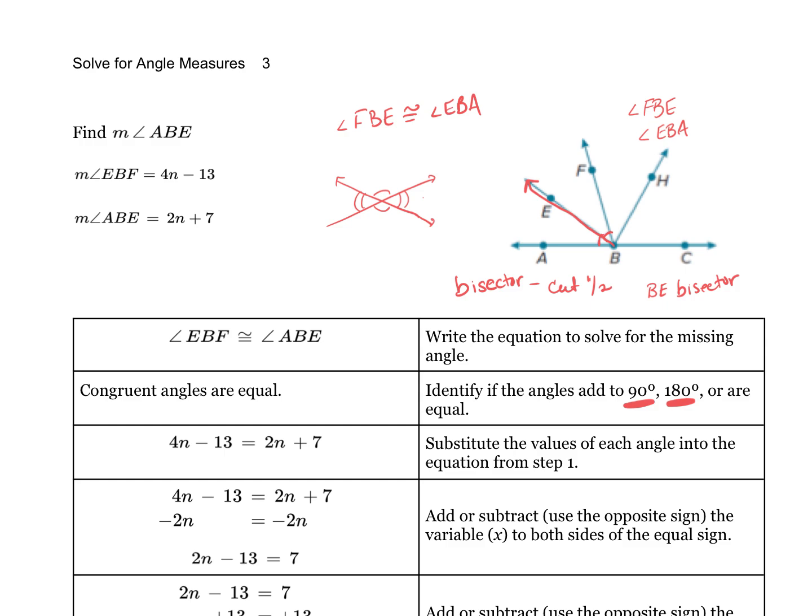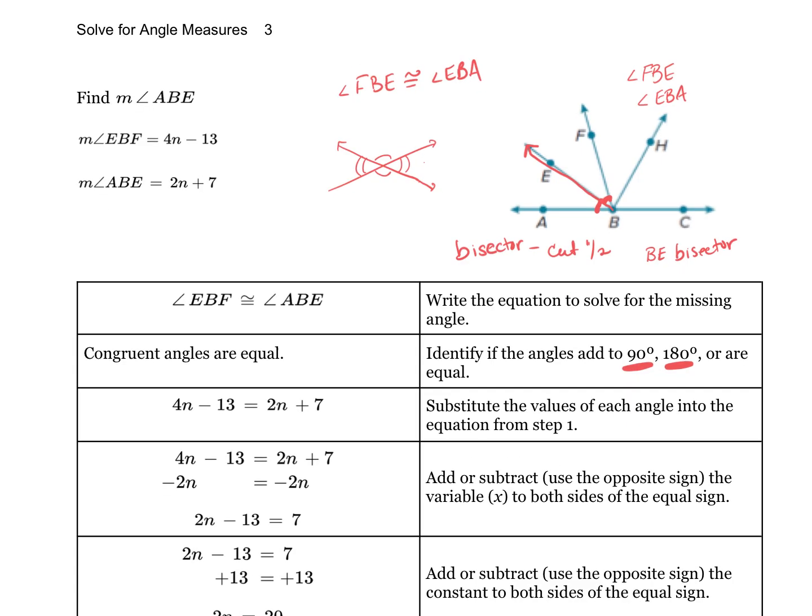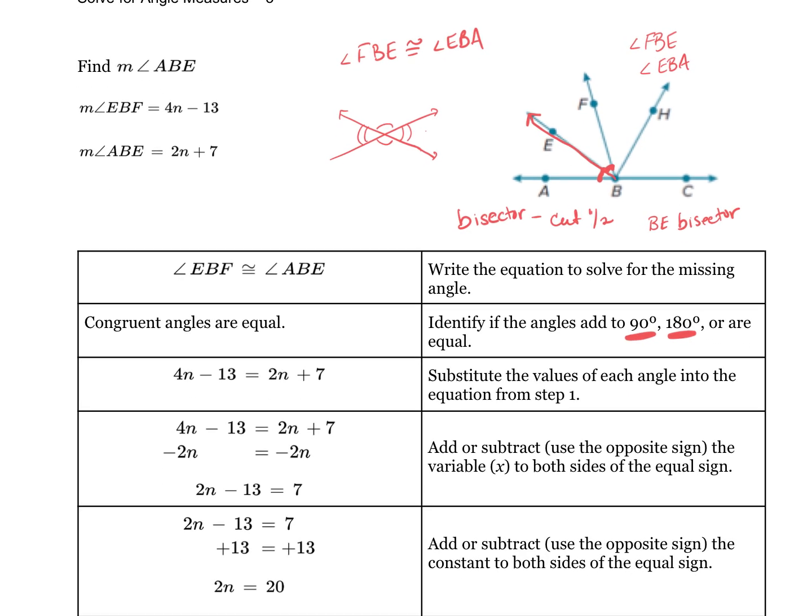And the diagram, again, it's the little arcs that tell me those two angles are congruent. But the rest is exactly the same. So you notice here that EBF or FBE, doesn't matter, is represented by 4n minus 13. And ABE or EBA is 2n plus 7.